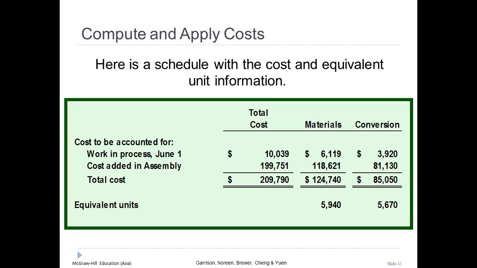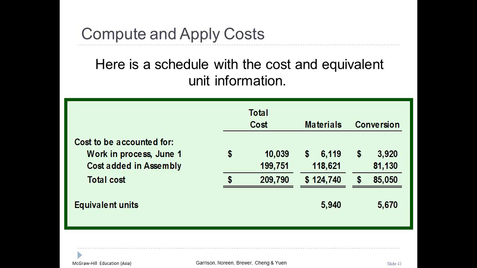The sum of the cost of materials and conversion equal the total cost to be accounted for during the period. Notice that we have 5,940 equivalent units as to materials and 5,670 equivalent units as to conversion.